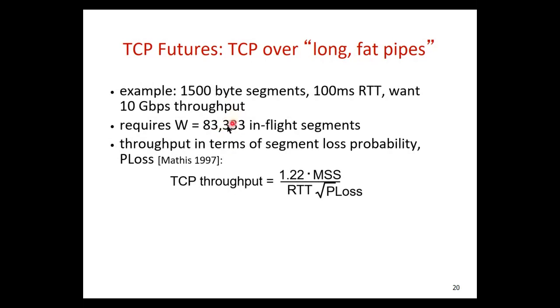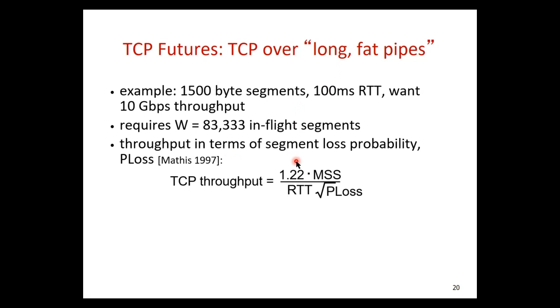Now, up to now, we have done the calculation without assuming any packet loss. Now, when you have packet loss, things get worse because, remember, when there is a packet loss, the TCP sender will reduce its CWND. The CWND will decrease. So that will affect your throughput. And you feel the effect even more when you have long fat pipes, because long fat pipe is when you need a large window.